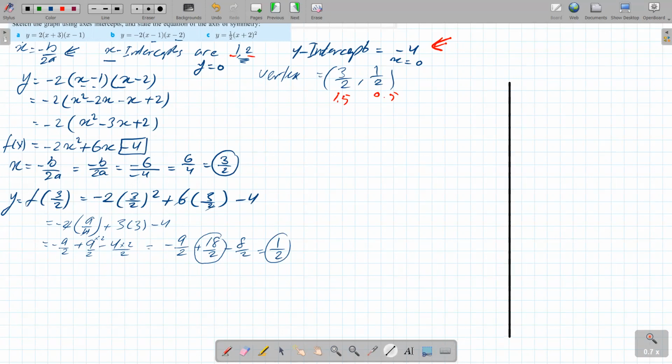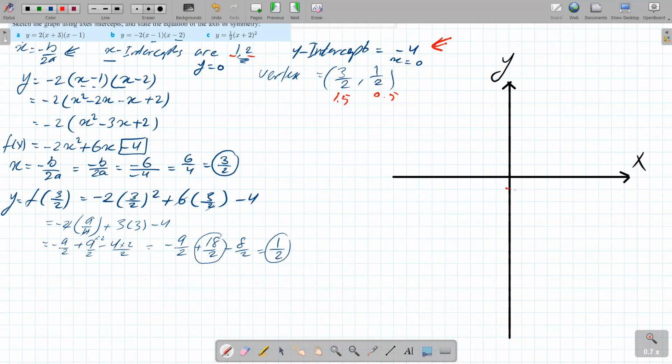Here we have this coordinate plane, the x-axis and y-axis. Here x and here y. After that, we're going to plot the critical points.